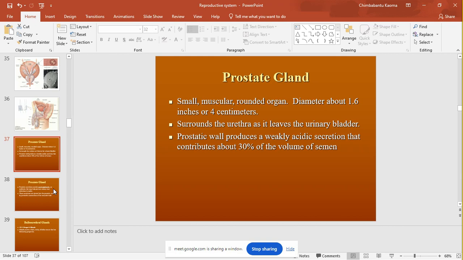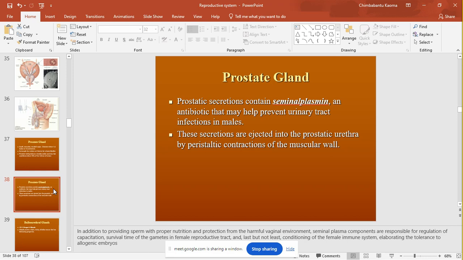So just like the seminal vesicles, the prostatic gland also does secrete secretions which contribute to the semen, and it is said to be about 30% of the final ejaculate in volume.